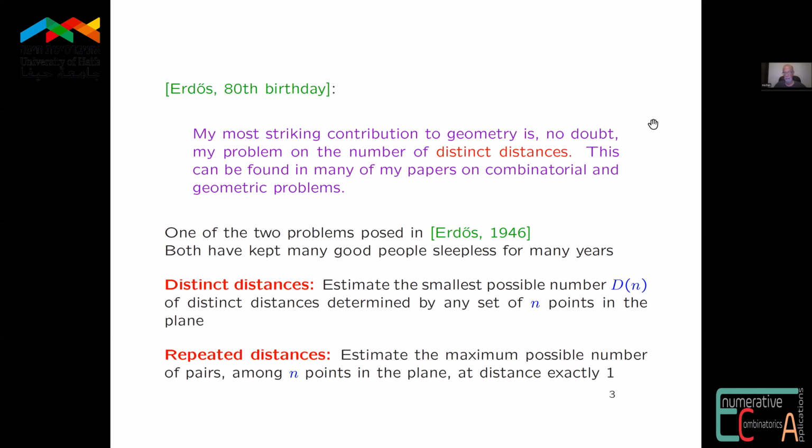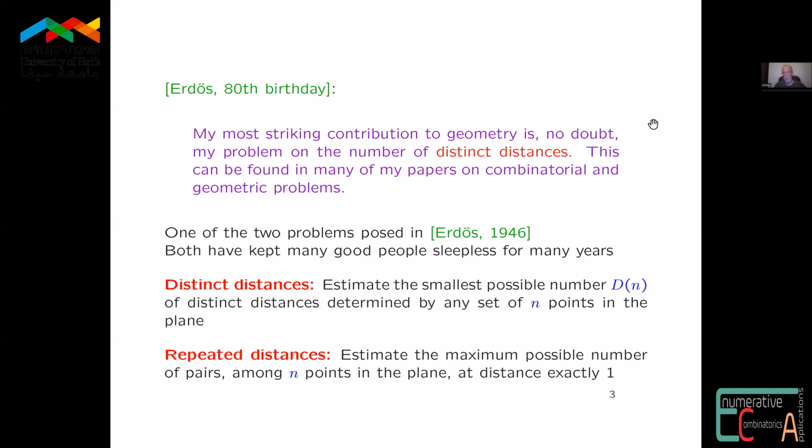He himself said in one of his talks that my most striking contribution to geometry is the problem on the number of distinct distances. So what is this problem?